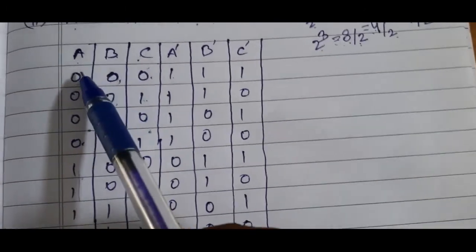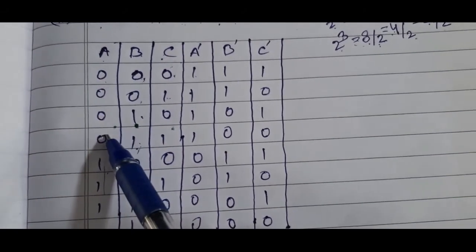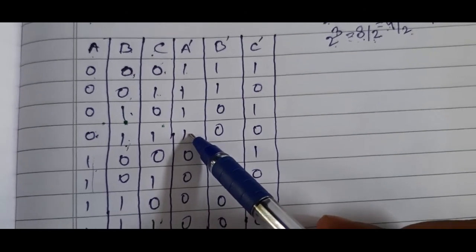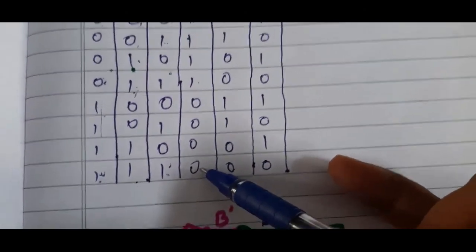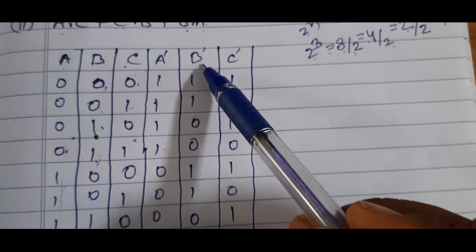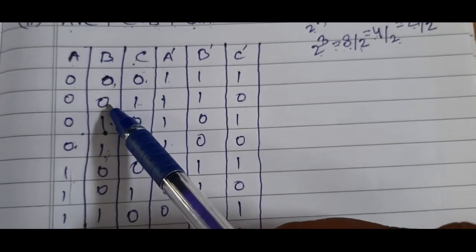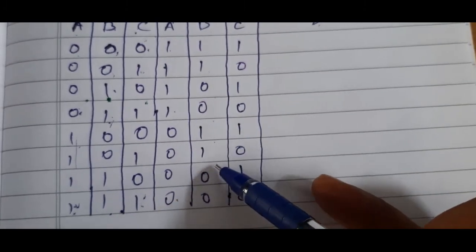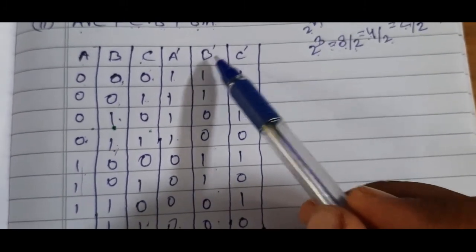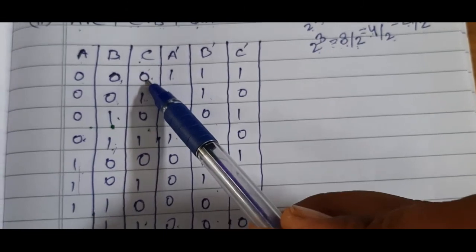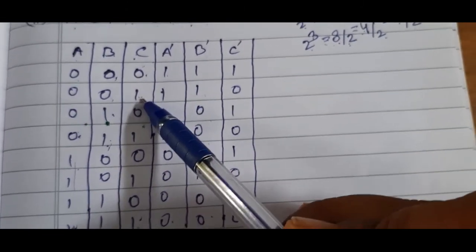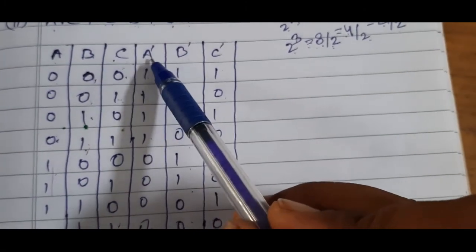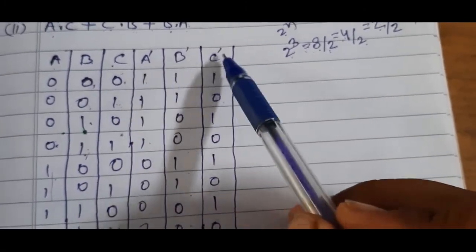The first 4 of A are 0, so the complement of the first 4 will be positive and the last 4 will be negative. For B complement, because the first 2 are negative, the first 2 will be positive, and like this we get the complement of B. In C, because the first is 0 and the second is 1, the first becomes 1 and the second 0. So like this we got the A, B and C complements.